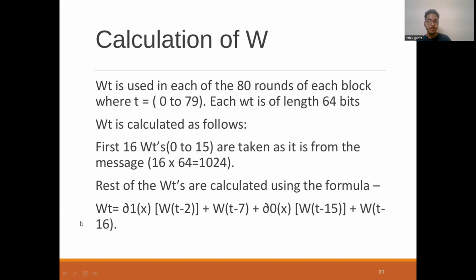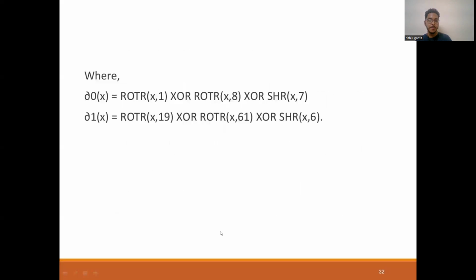The rest of the words are calculated using the formula Wt = σ1(W(t-2)) + W(t-7) + σ0(W(t-15)) + W(t-16), where σ0(x) is ROTR(x,1) XOR ROTR(x,8) XOR SHR(x,7). σ1(x) is ROTR(x,19) XOR ROTR(x,61) XOR SHR(x,6).